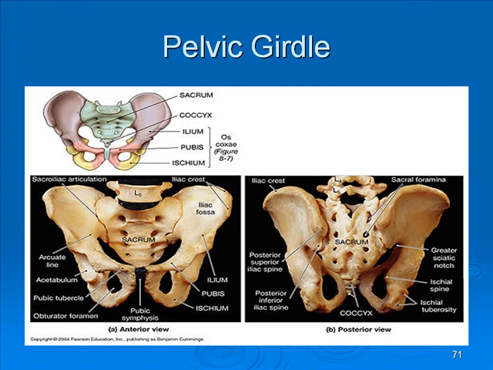So in this photograph, what are the areas that you should be able to identify? Well, again, you should be able to identify the iliac crest on a lab exam. You should be able to identify the obturator foramen. You should be able to identify the pubic symphysis, whichever way your book refers to it.